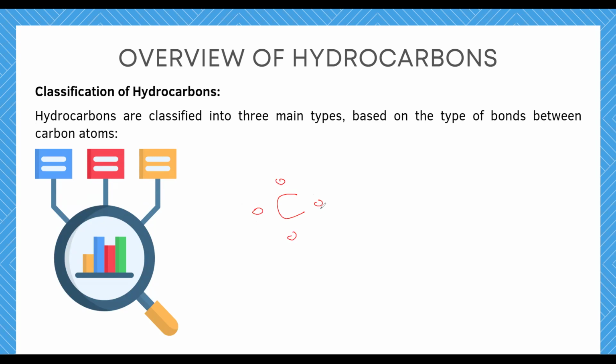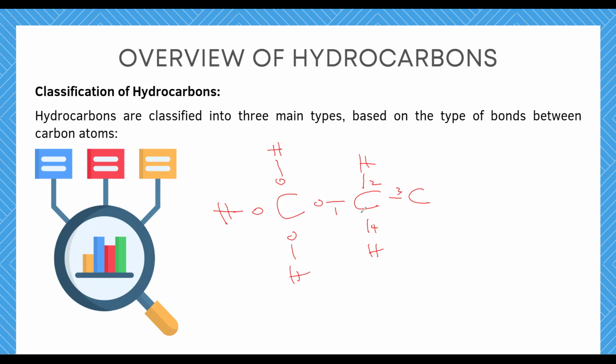And usually those bonds can be shared either with hydrogen or even with another carbon atom. So this other carbon atom has four valence electrons, one, two, three, and four. It can also share them with hydrogen and with another carbon atom, and so on and so forth.